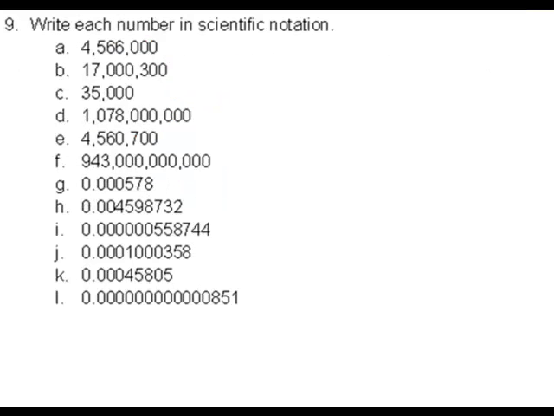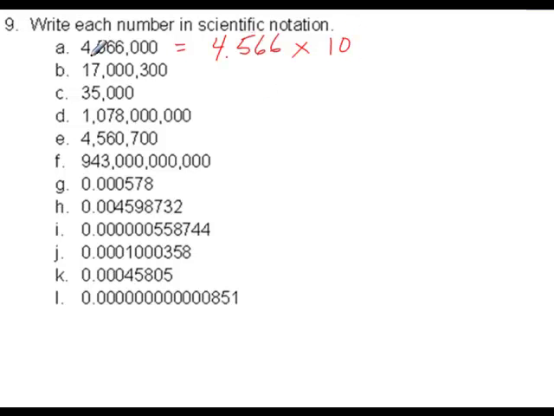Okay, number 9. Now we're going in the reverse direction. We're going to write each number in scientific notation. So we have to put our decimal in the right place and then figure out what the power of 10 is. First of all, where is our decimal going to go in this? It's going to be 4.566, good. We know we're going to multiply by a power of 10.